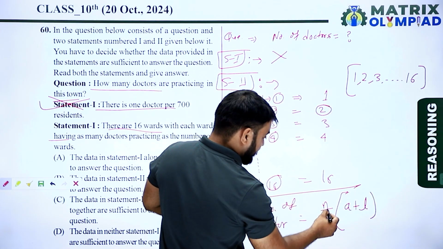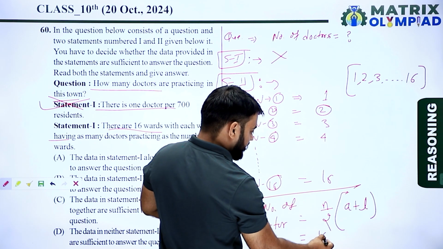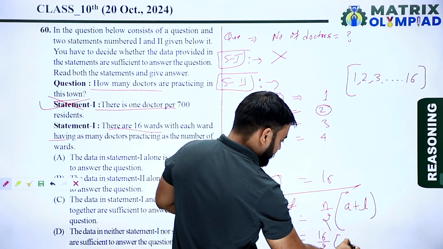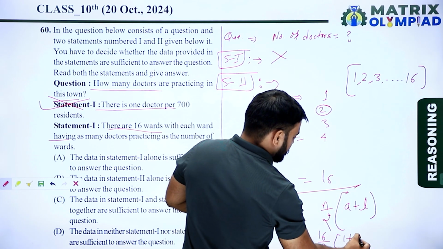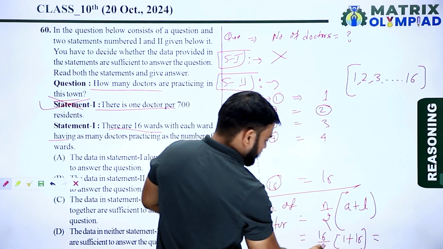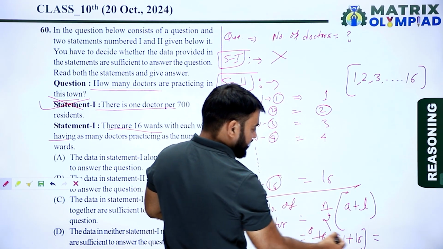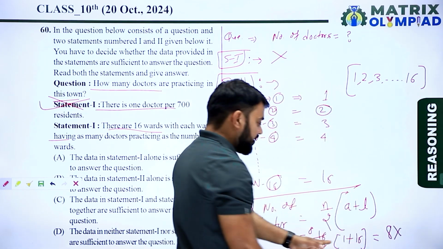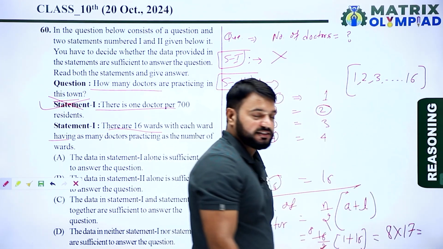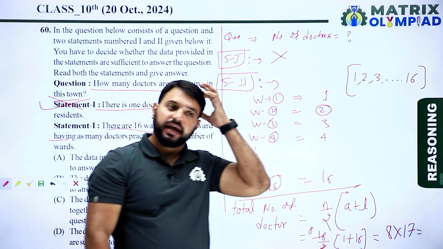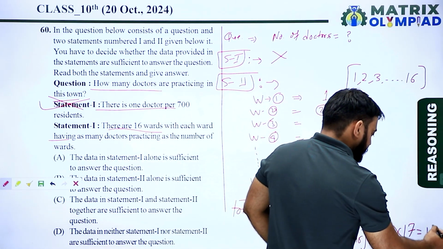So n divided by 2, number of wards is 16 divided by 2, multiply by A, it means 1, plus L, it means 16. So 16 divided by 2 it means 8. 8 multiply by 1 plus 16 it means 17. So total number of doctors in this town is 136.